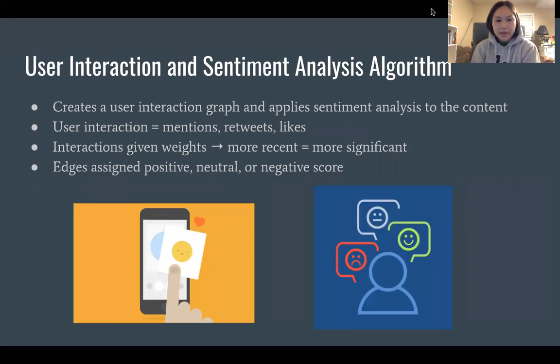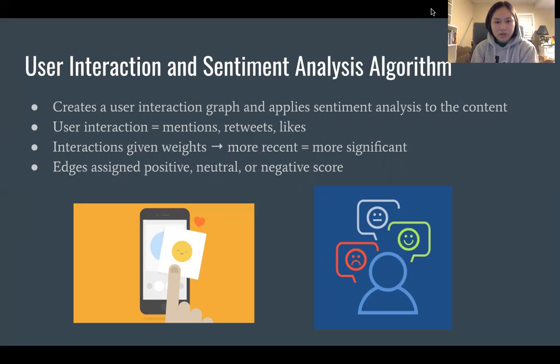The second is a user interaction and sentiment analysis algorithm. The authors create a user interaction graph and then apply sentiment analysis to the content of those interactions. The paper focuses just on Twitter data, so the user interactions are all Twitter specific. They include mentions, retweets, and likes, and the interactions are given weights.